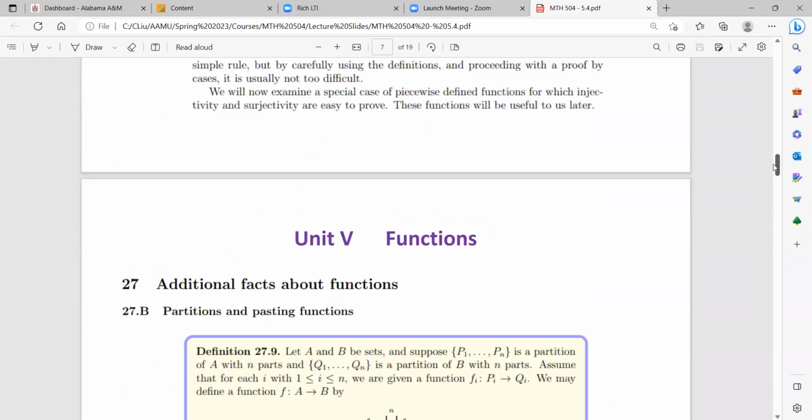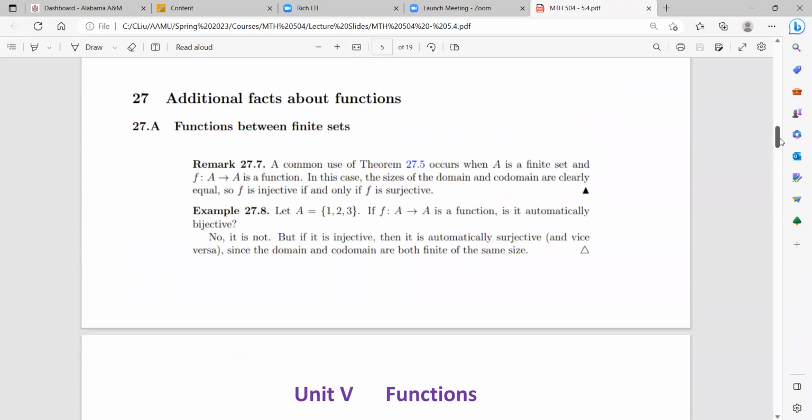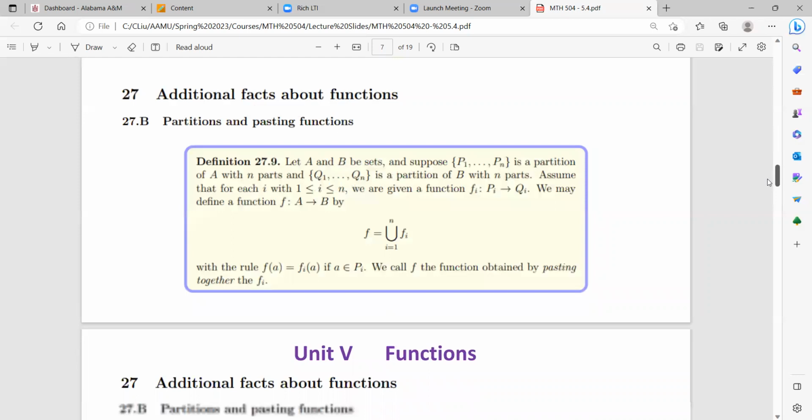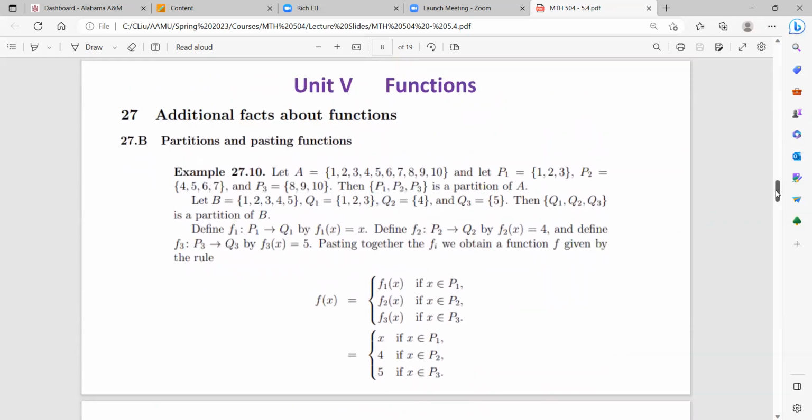But the one thing to keep in mind is when you talk about the partition, by definition, it cannot be empty. The subsets of a partition of any set cannot be empty.